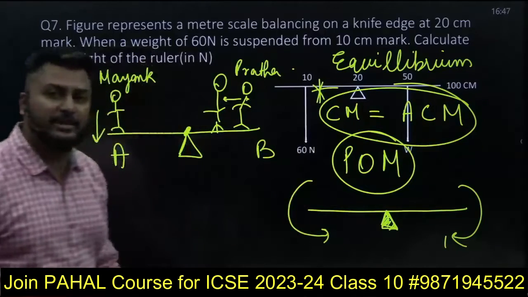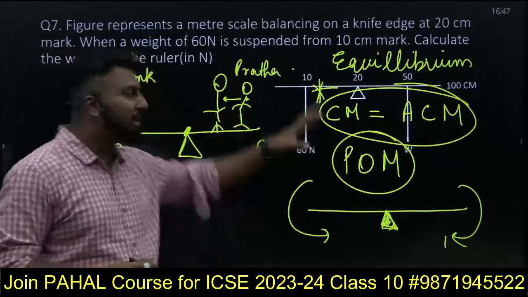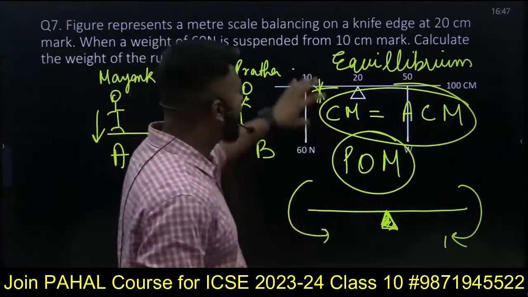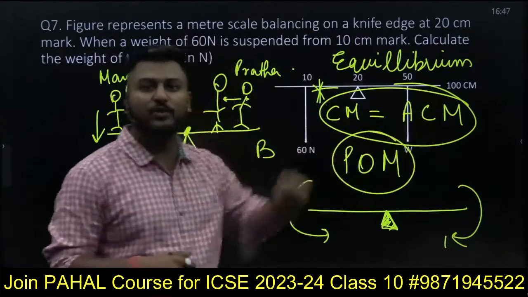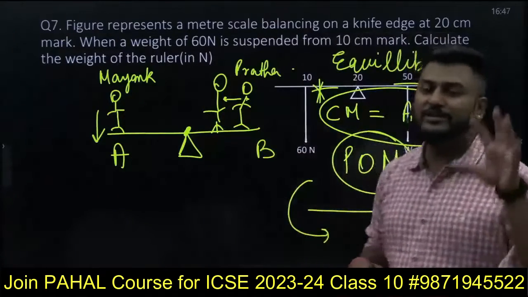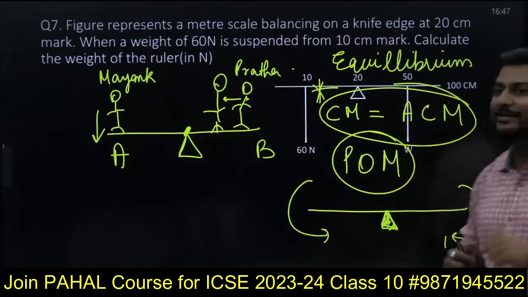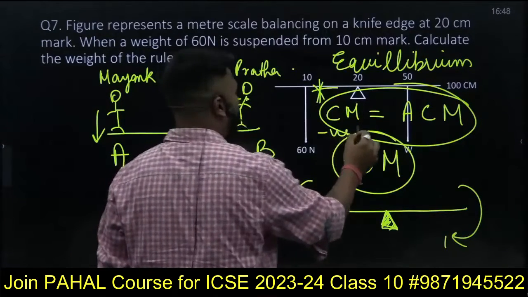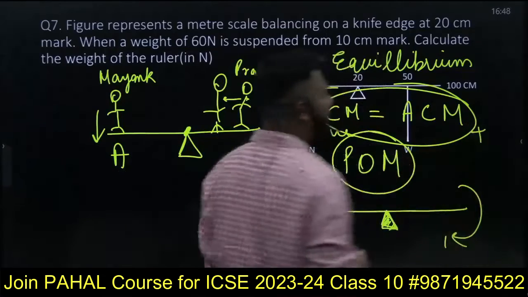This is the basic principle. This is the basic idea on which these types of numericals are based, right? In the last class, I explained which one is to be taken as positive and which one as negative. Clockwise moment is taken to be negative, whereas anti-clockwise moment is taken to be positive.